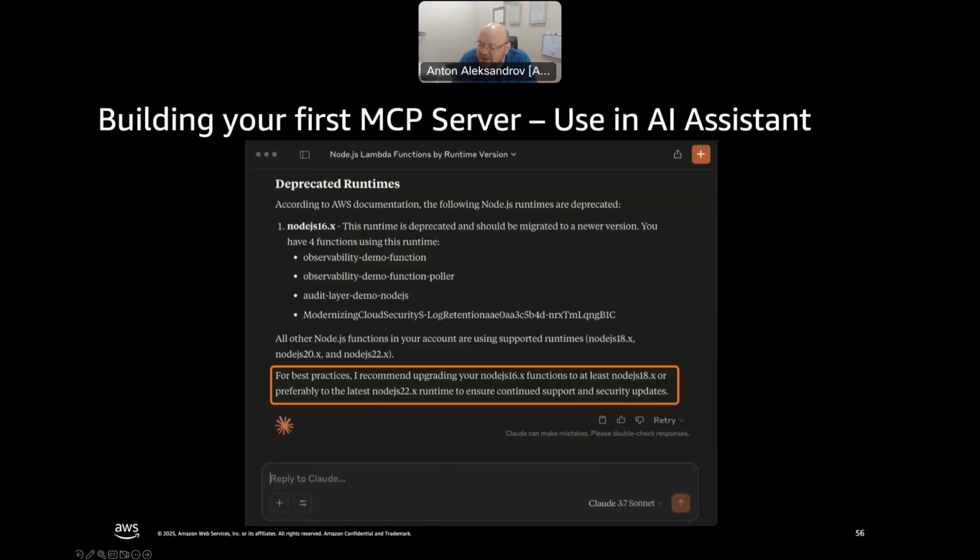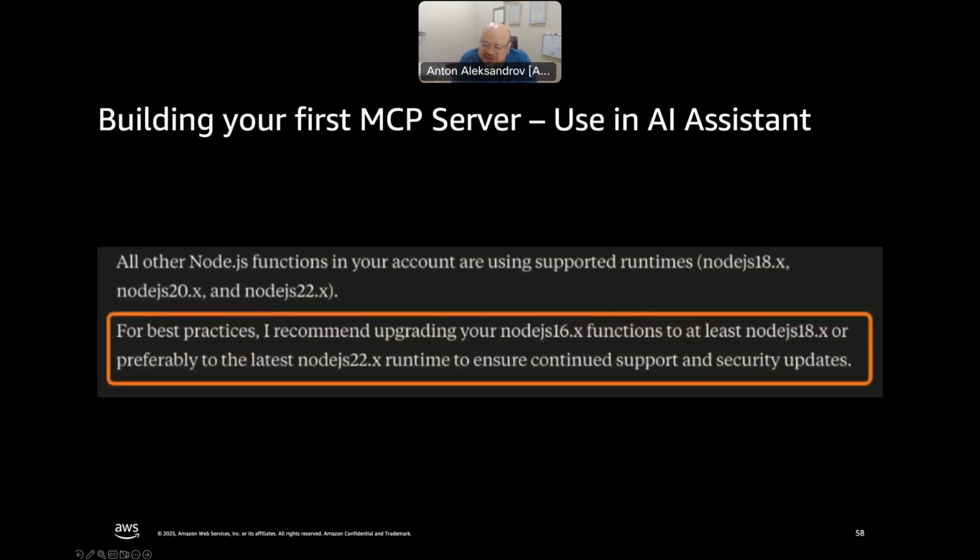I think I can already spot a problem here. If you're in the Node world, especially building functions with Node.js, you already see a problem. A few months ago, Node 18 was announced as deprecated. So why does the LLM think it's still supported and recommend I upgrade to a runtime version that is being deprecated?